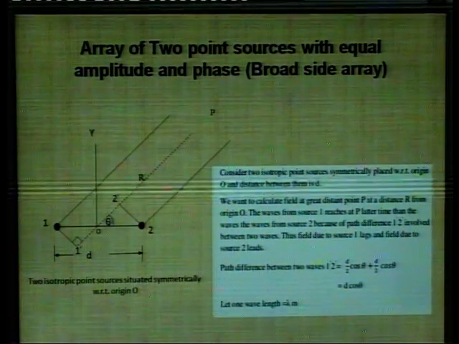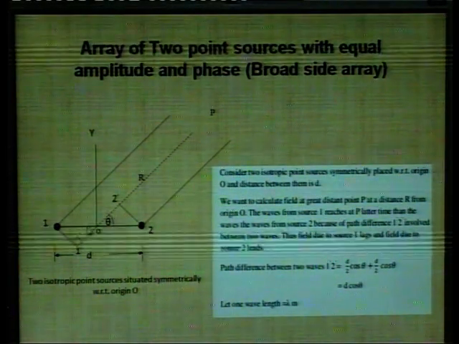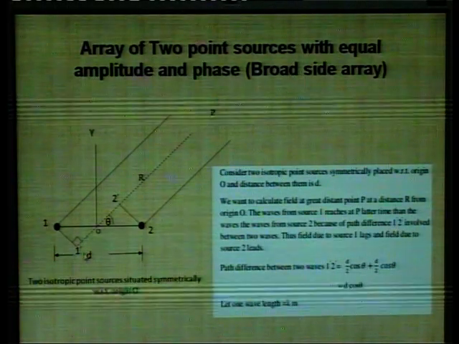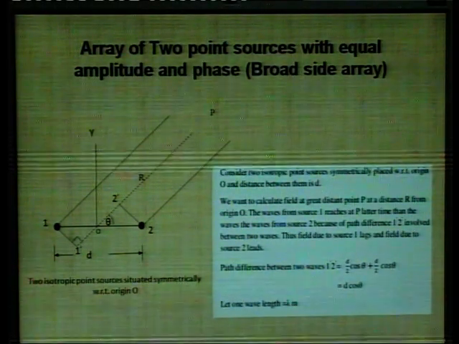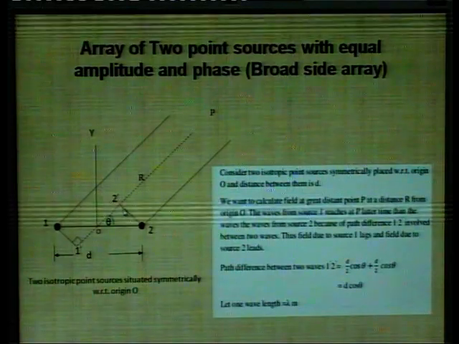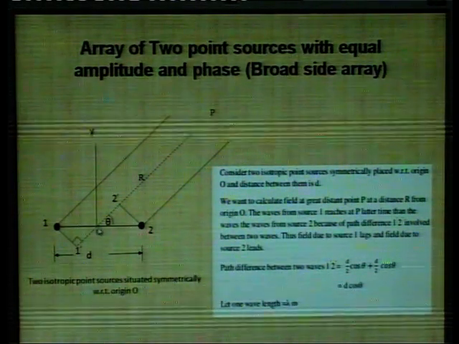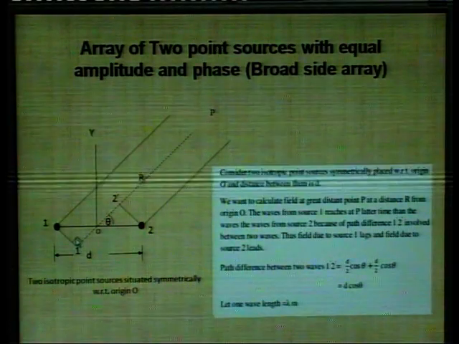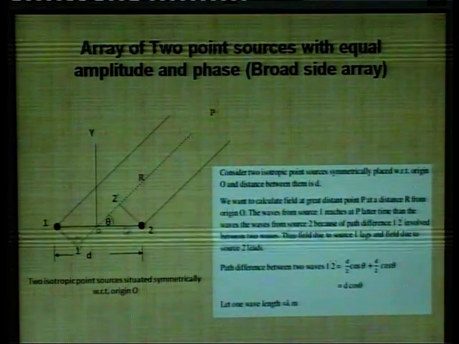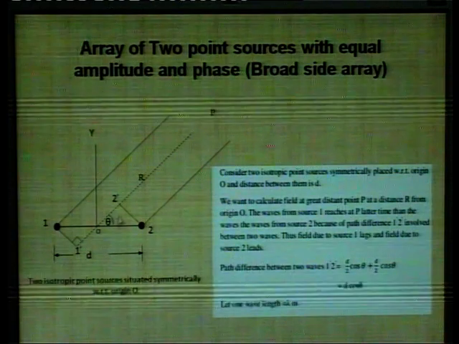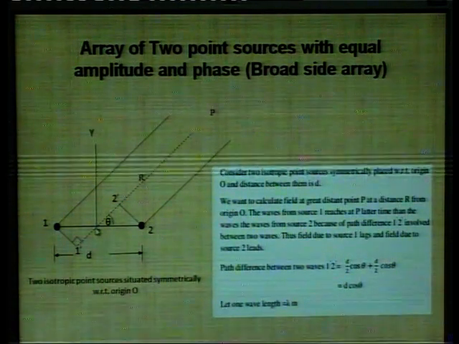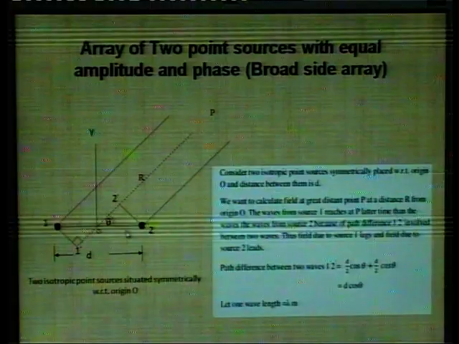So we will first calculate the path difference, that is 1'2'. We draw a perpendicular from 2 to this line, that is 2', and a perpendicular from the origin to this line. This distance will be equal to d by 2.